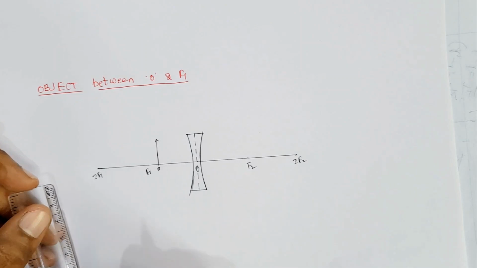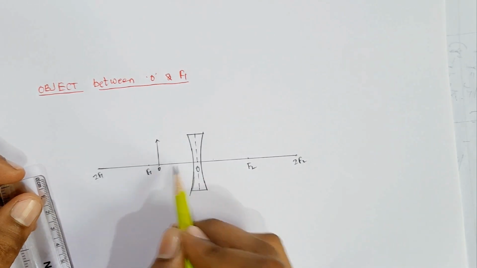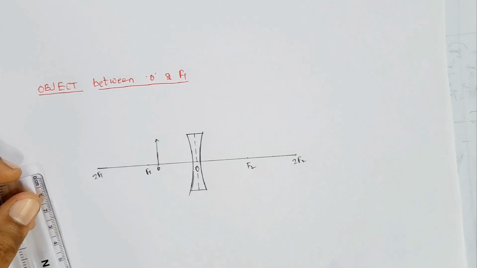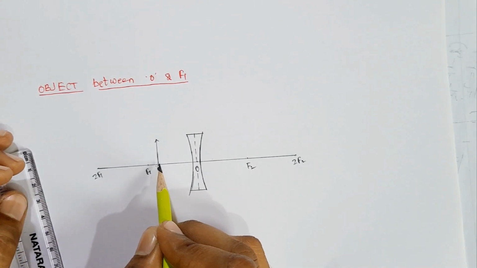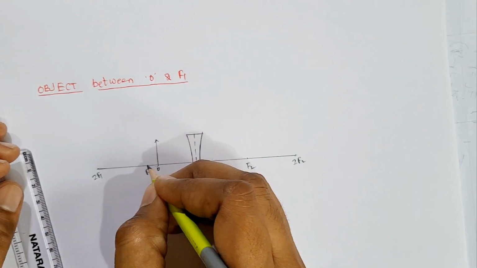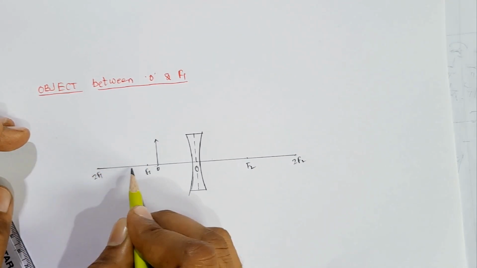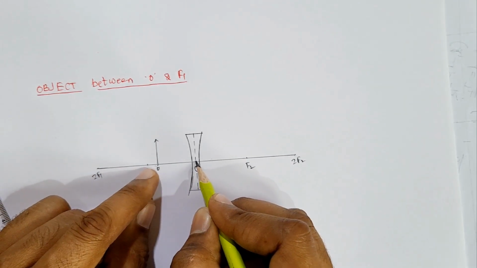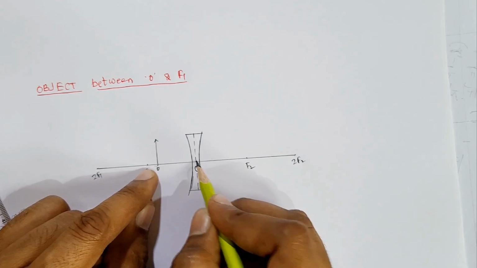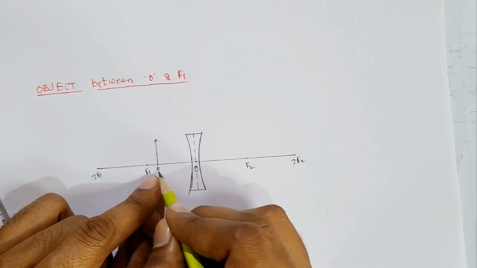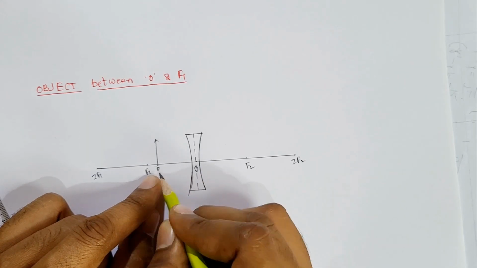Image will be formed between optical center and object. If you place the object anywhere until the focus, wherever you want, the image will be formed between optical center and focus F1. But if you place the object itself between optical center and F1, the image will be formed between optical center and the object.